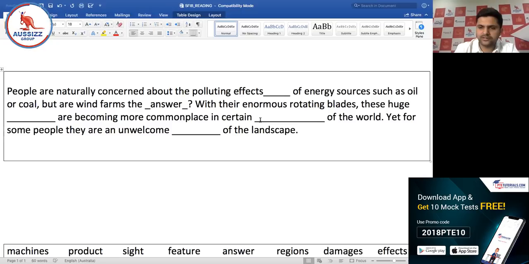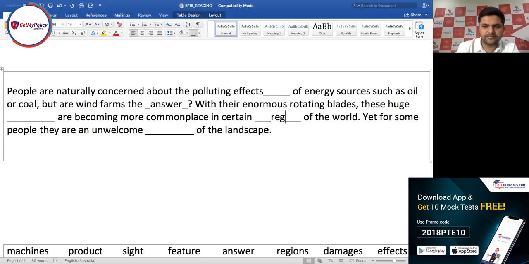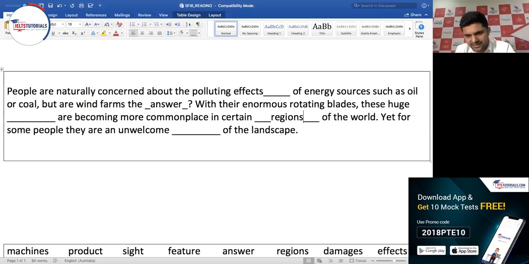So what we will do smartly here is first fill up this blank to make the entire sentence more clear, and it would be easier for us to then solve the other blank. So now the third blank: with enormous rotating blades, these huge dash are becoming more commonplace in certain regions of the world.